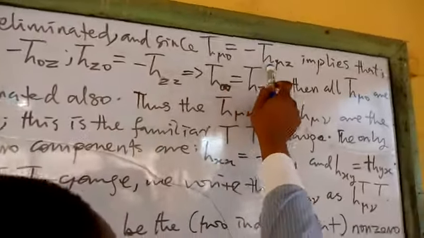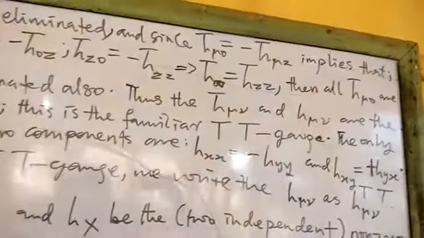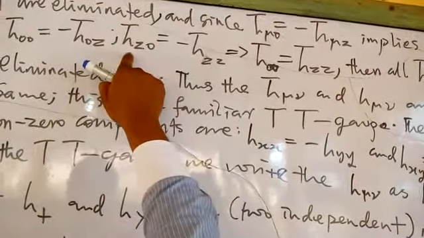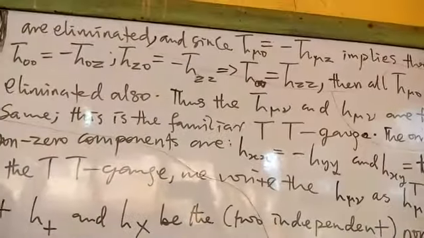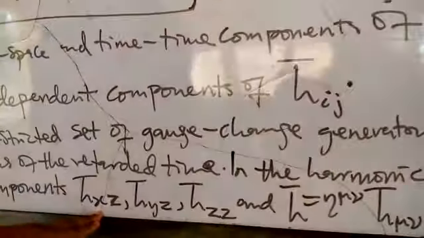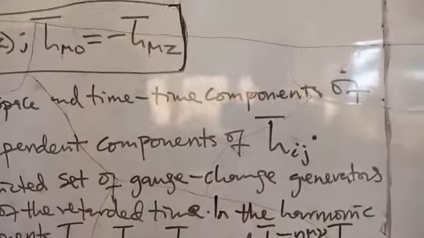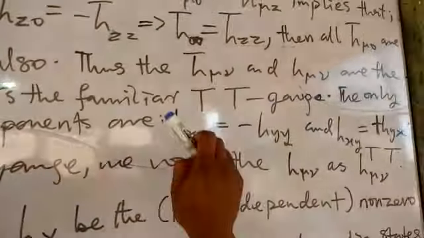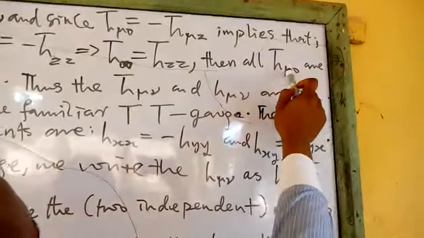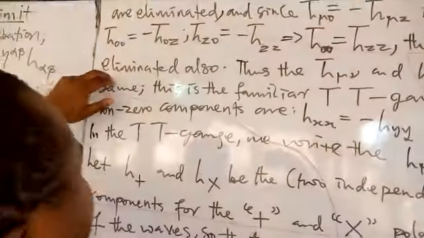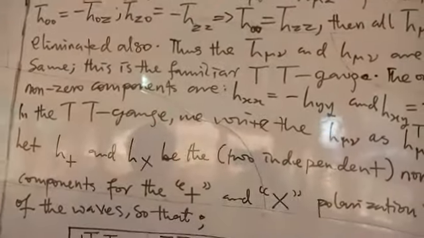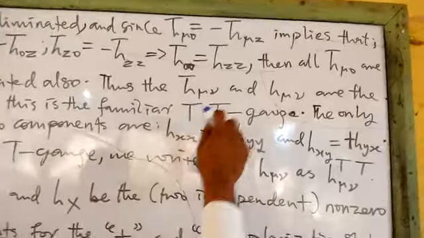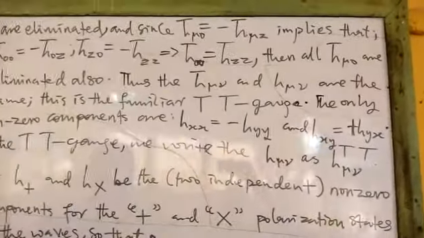And since this is equal to that, it implies, just like we have shown already, that both the time-time component and the time-space component can be written in terms of those ones here, like we have stated, which have been eliminated by this one. If you recall, that's what we stated. Then it also means that all h bar mu naught are eliminated, just like these ones here are eliminated.